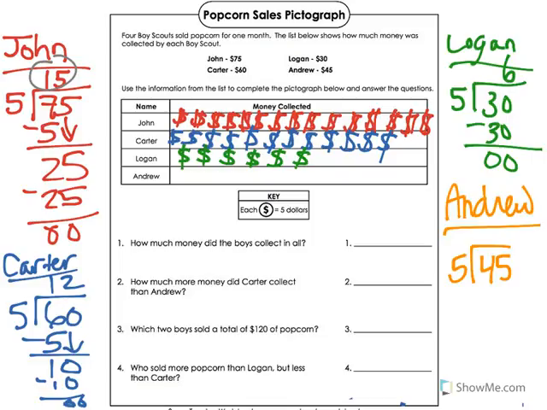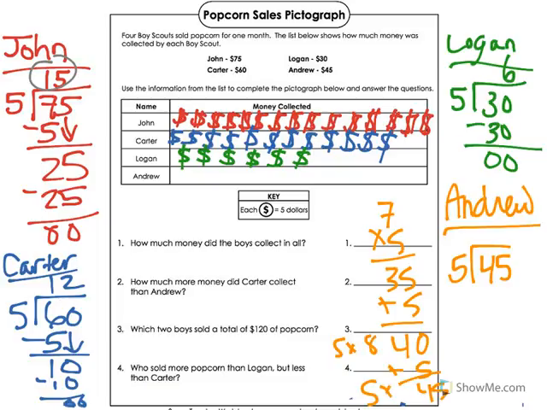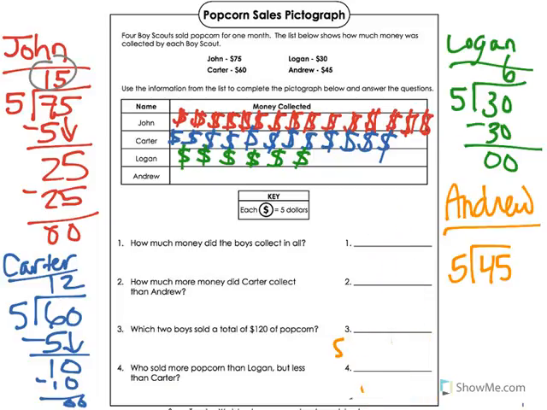So if we add another 5, that would give us 35, and that would be 5 times 7. Plus 5 would get us to 40. That's 5 times 8. And then if we add another 5, we get to 45. That's 5 times 9.